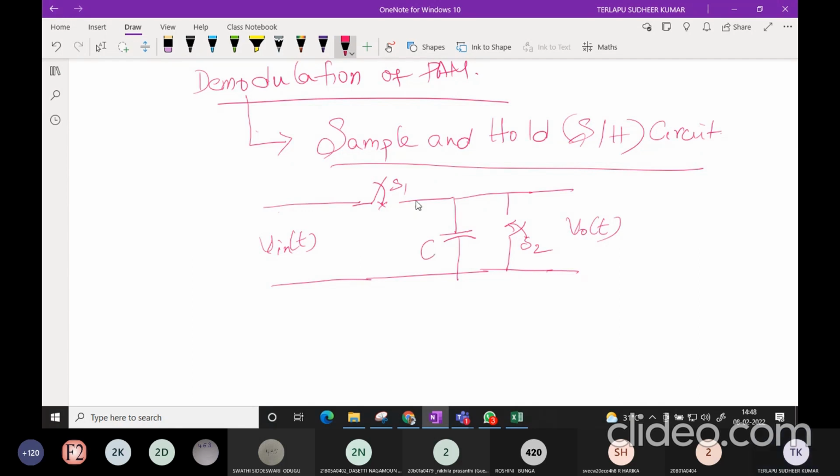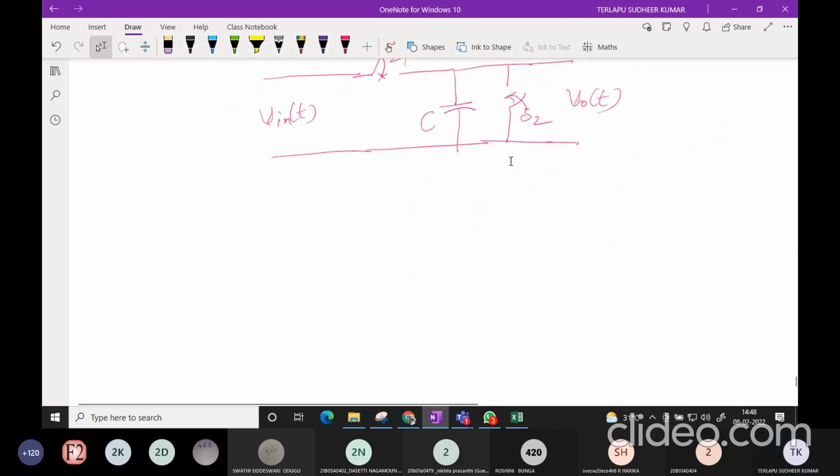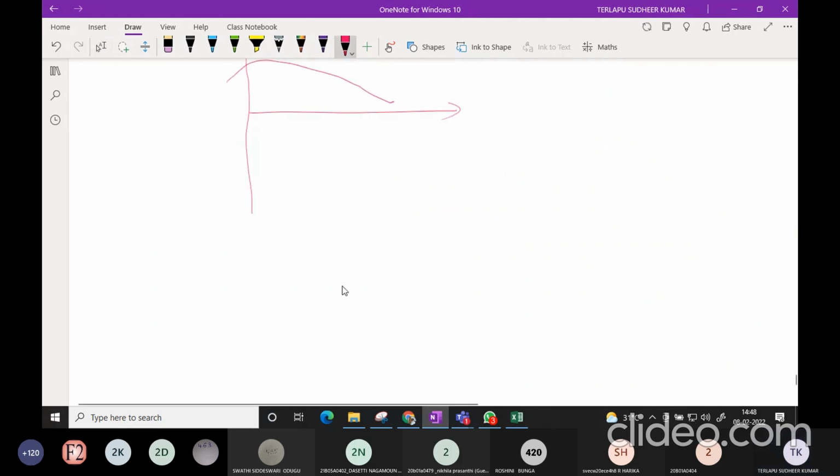Assume I have an input signal something like this, where my sampled PAM, let it be the natural sampled PAM, has samples like this.